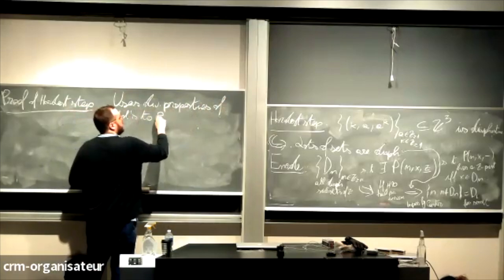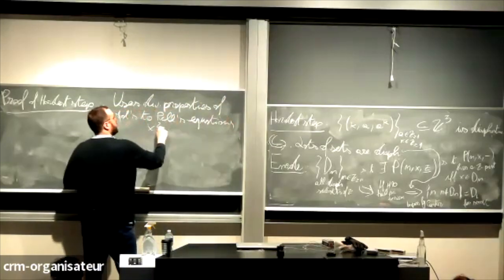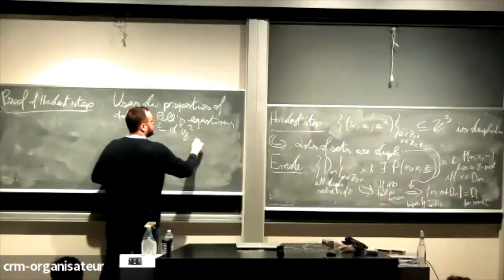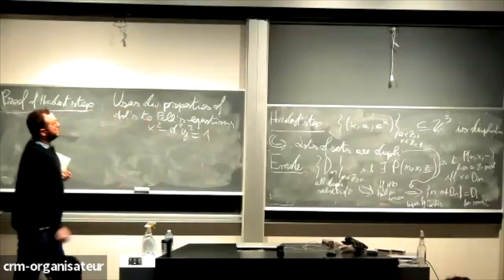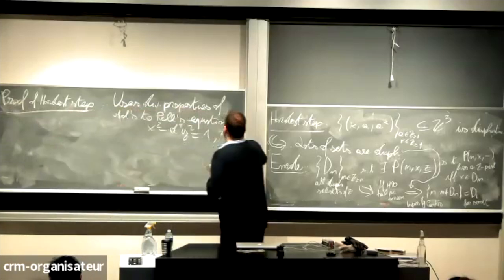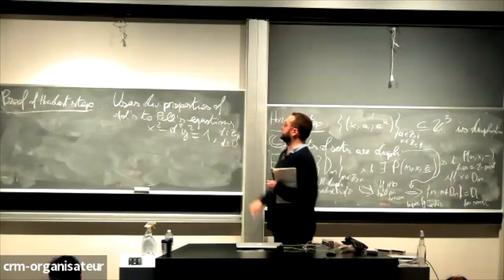Pell equations are equations of the form x squared minus d y squared equals 1, where d is a positive, non-square integer. These are things studied and very well understood since Euler.